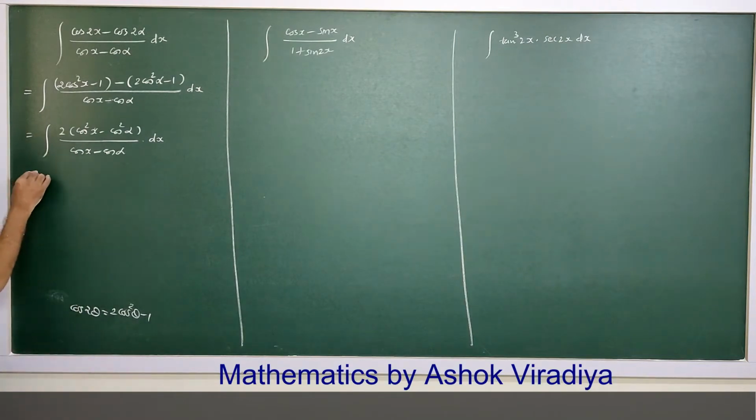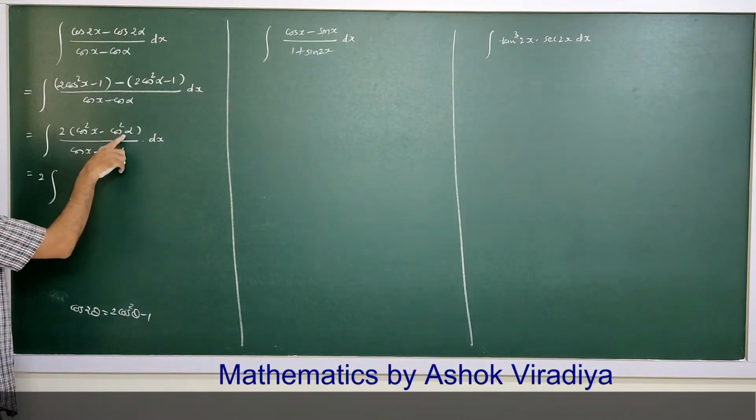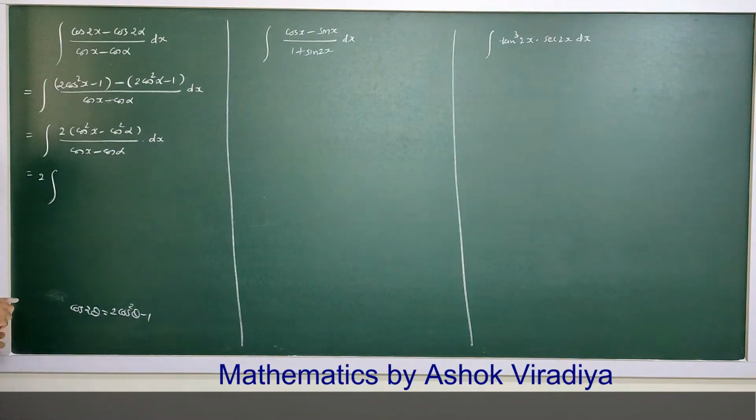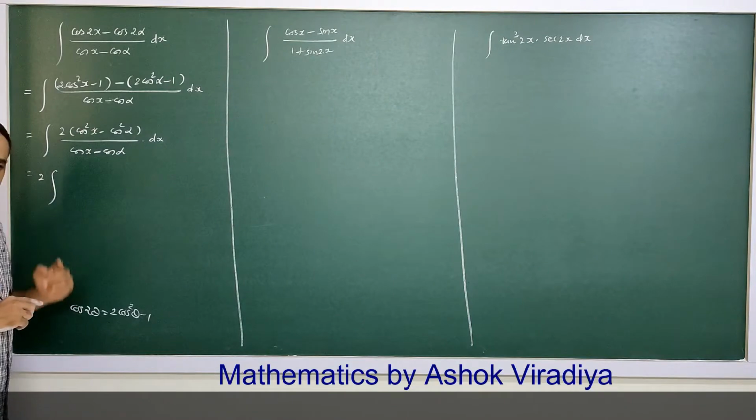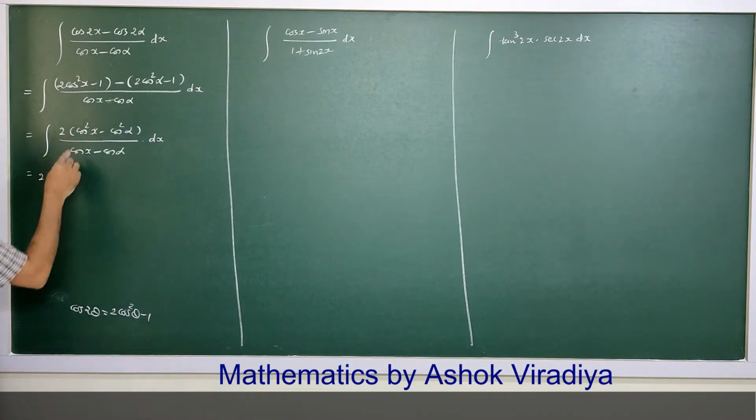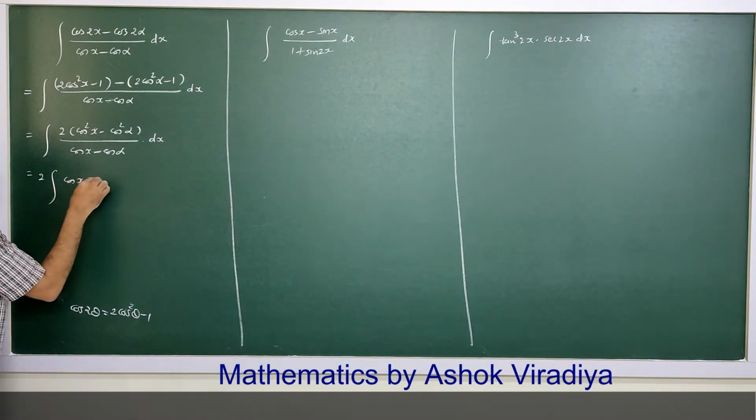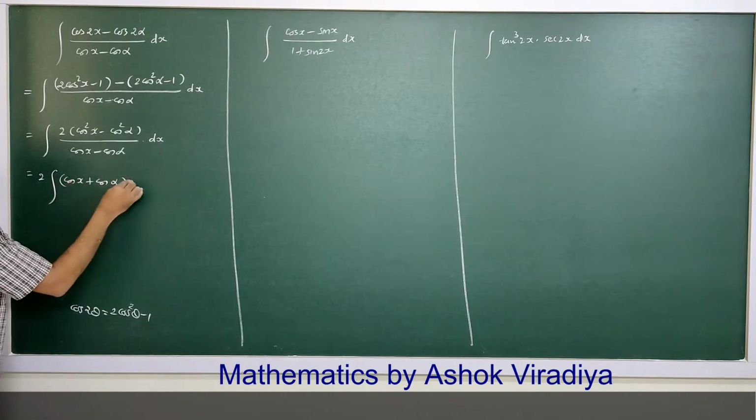So that is equal to, taking 2 outside, now a square minus b square is a minus b times a plus b. So the a minus b factor will be cancelled. So what is left? A plus b is left.